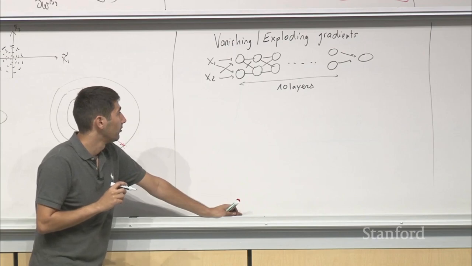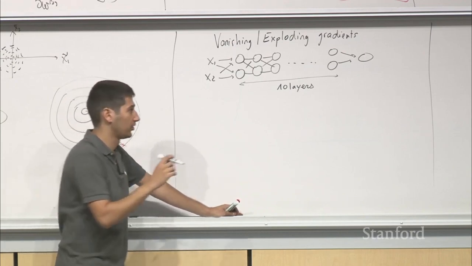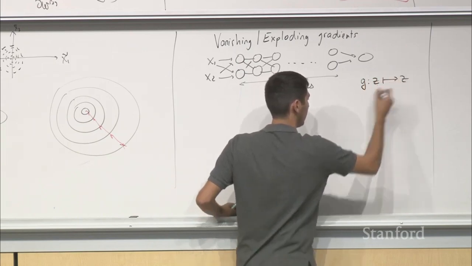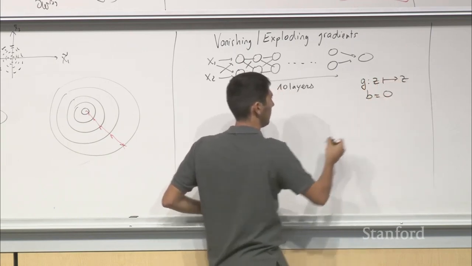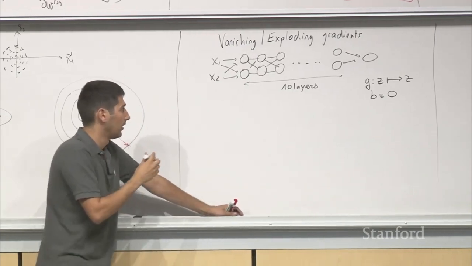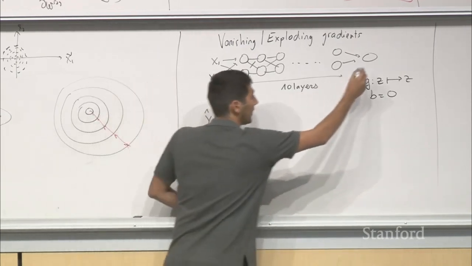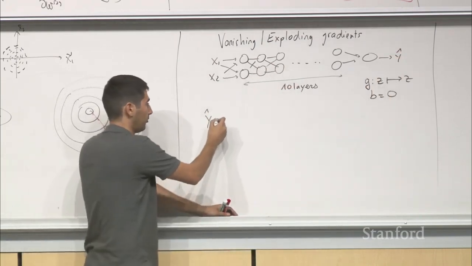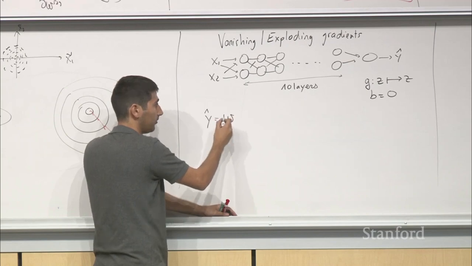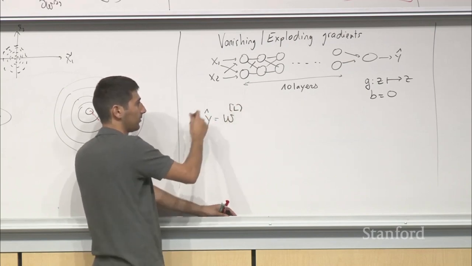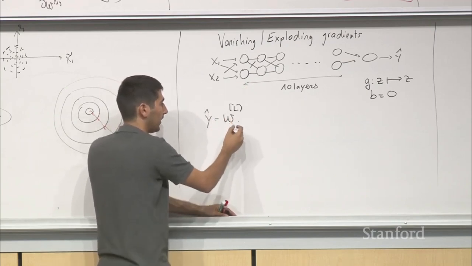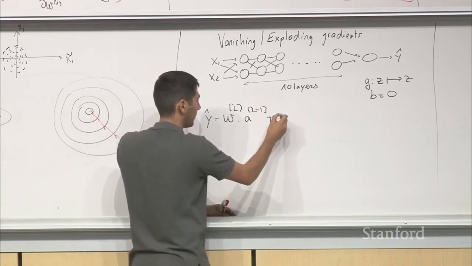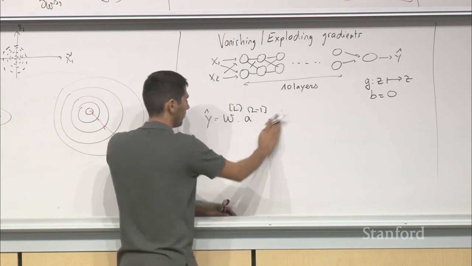Assume all the activations are identity functions, and assume that the biases b are equal to 0. If you compute y hat, the output of the network with respect to the input, you know that y hat will be equal to W^[L], where capital L denotes the last layer, times a^[L-1] plus b^[L], but b^[L] is 0, so we can remove it.